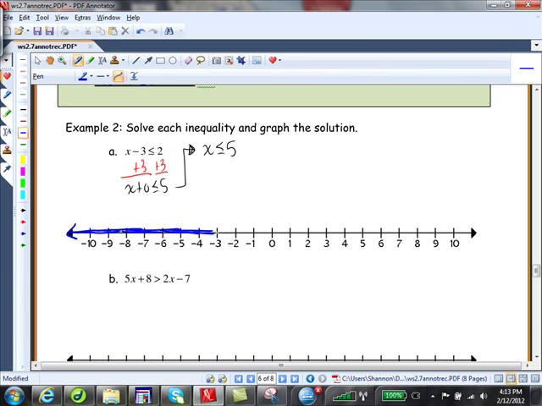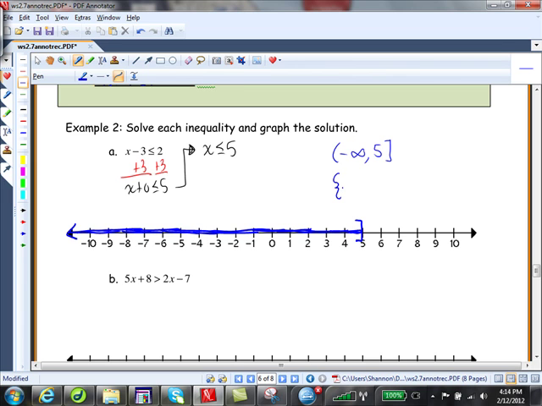We shade our number line this way right up till 5. Now what kind of ending am I going to put on this? Good, I'm going to put the square bracket because 5 is part of the solution set. So interval notation, minus infinity to 5, include 5, don't include the negative infinity.